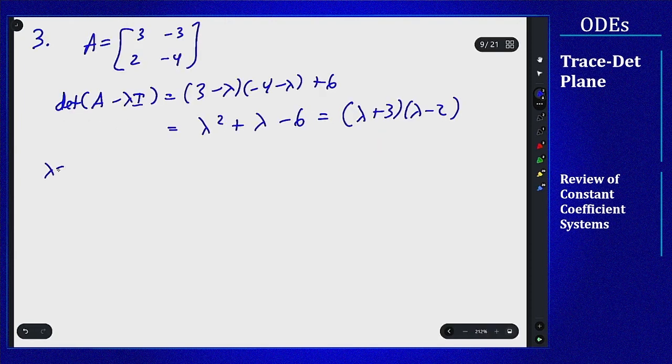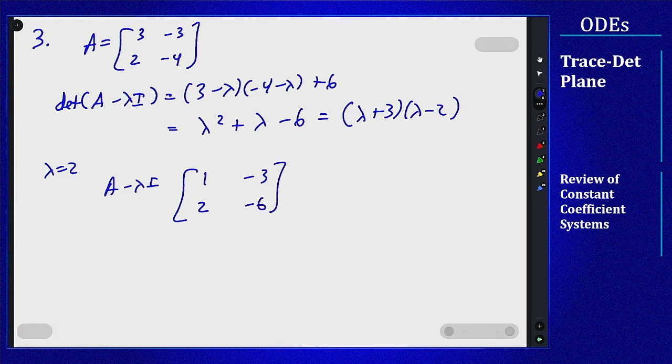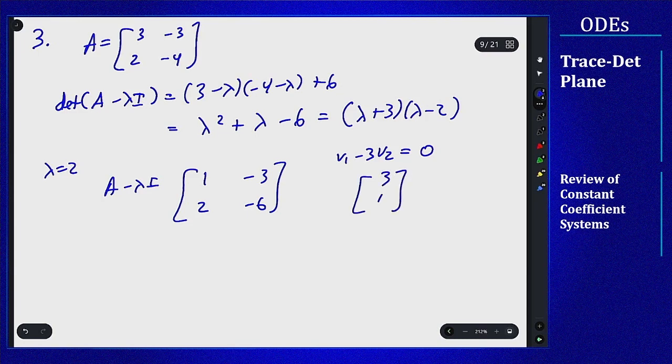For lambda equals 2, A minus lambda I becomes 1, -3, 2, -6. Those are the same up to doubling the first row to match the second row. So therefore, we have that v1 minus 3 v2 must be 0, or we can pick an eigenvector of (3, 1) for this one.